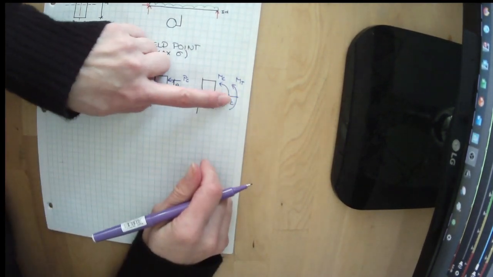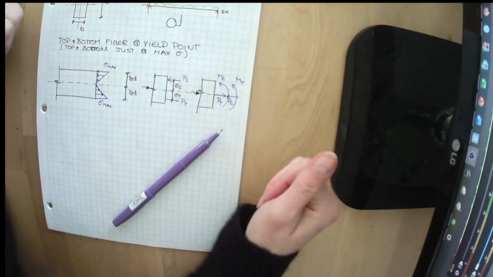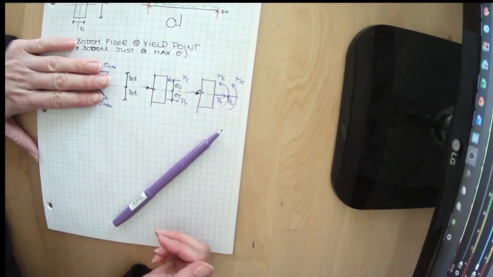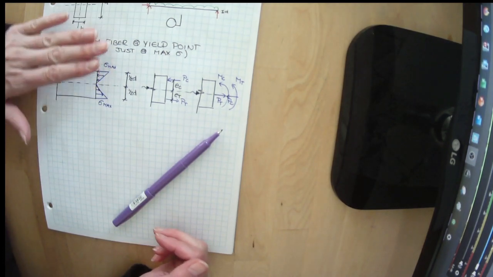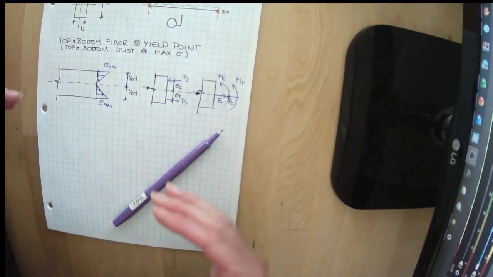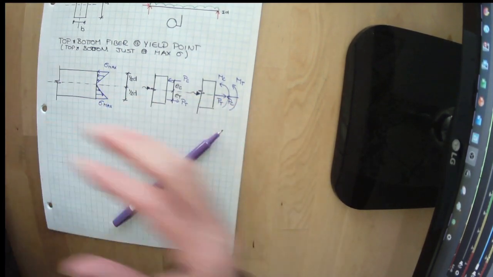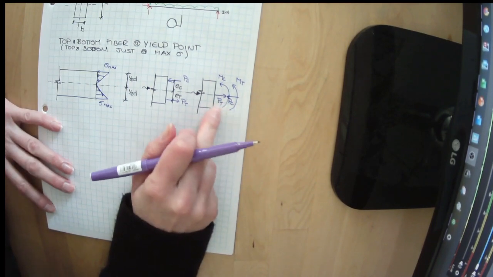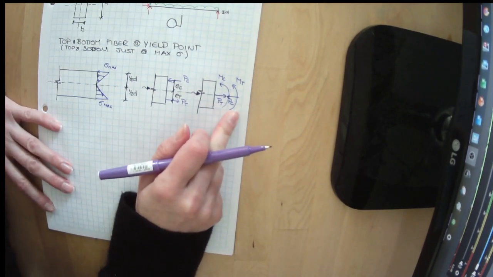So look, the PT and the PC cancel each other out, so there's no net axial force on this. Some of it's happening at the top, and some of it's happening at the bottom, but they cancel each other out, and the beam isn't moving in space. But we do have internal moments happening here.